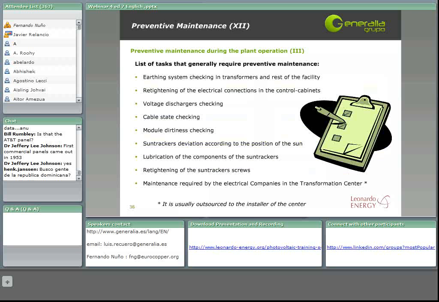Finally, if we have sun trackers in our solar plant, we have to check that their deviation according to the position of the sun is within a range. And we also have to lubricate all their components and retighten their screws periodically.